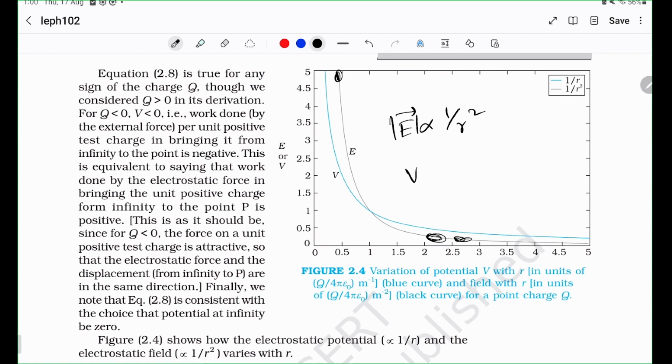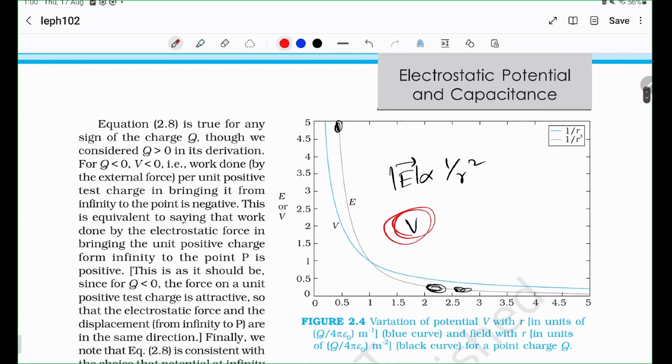In fact, if I am to deviate very slightly and explain why some people might have thought of potential itself, the significance of thinking of such a thing is so that you don't have to deal with complicated vectors like the electric field. Vector operations are always very difficult. That is, they're very complicated, they're long and so on. But potentials are very simple. Because if you want to superpose, we have done the principle of superposition, right?